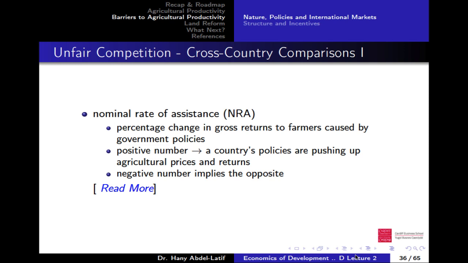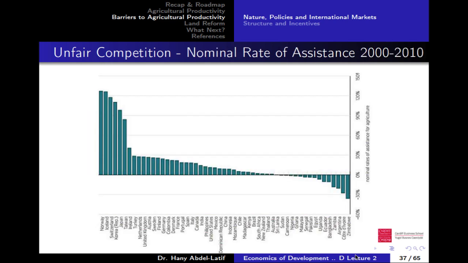Why do I want to show this? Because this shows a comparison between different countries. So here's what we have. If you can read this, the top here, this is the highest positive percentage, is Norway. Compare this to Zimbabwe, it's actually negative. So you look at Zimbabwe, Cote d'Ivoire, Argentina, Zambia, Bangladesh, Ecuador, Egypt is there.